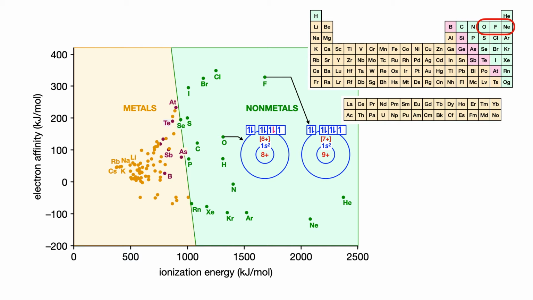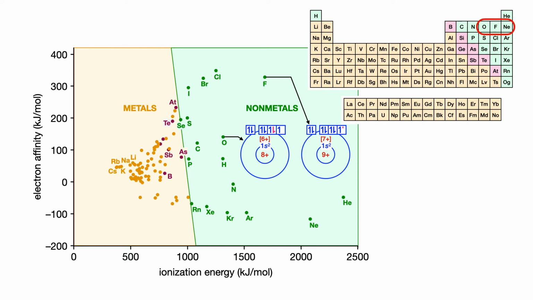There are 7 valence electrons, 2s2, 2p5, and those electrons are attracted by an effective force of 7 plus toward the nucleus. That's more than the 6 plus felt by the valence electrons of oxygen. And so the electrons in fluorine are held even more tightly than they are in oxygen. Fluorine has a higher ionization energy.